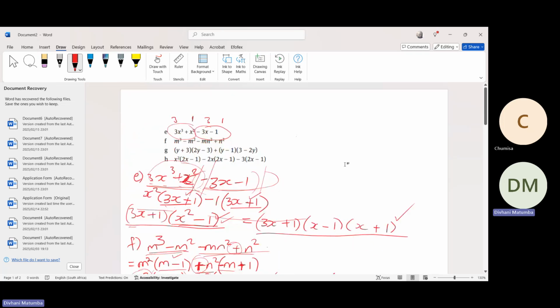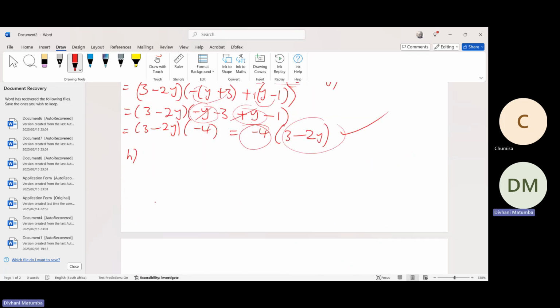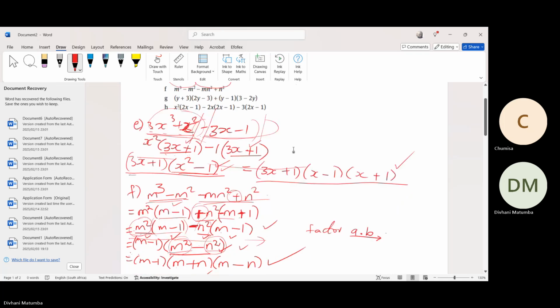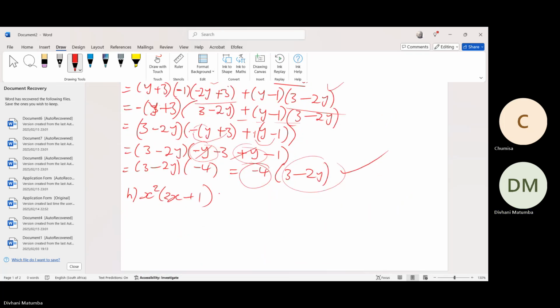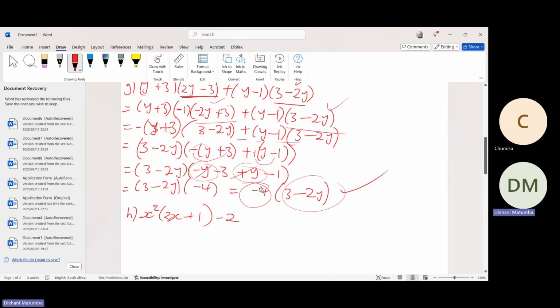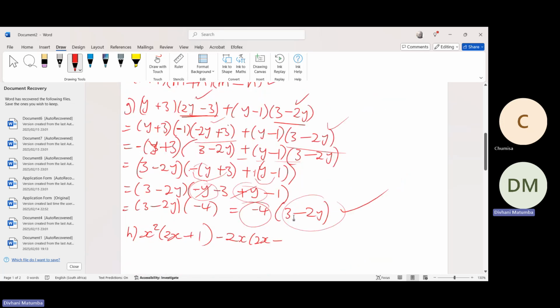We will have x squared, 2x plus 1, into the minus 2x into 2x minus 1.